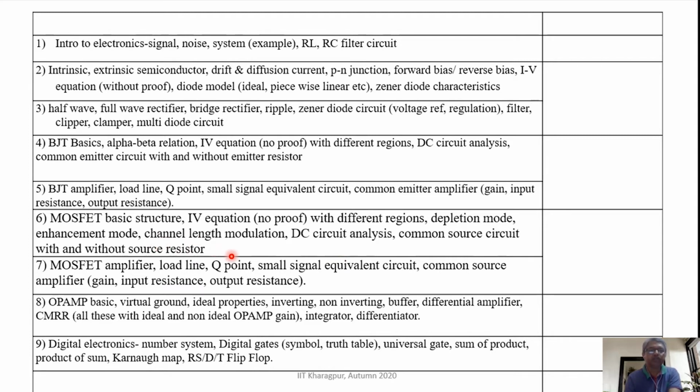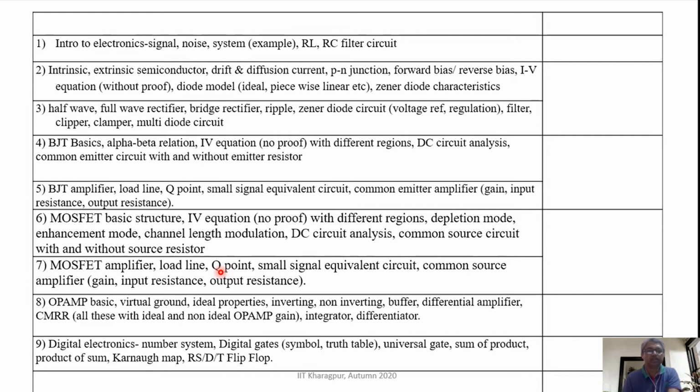Then, as we have done in case of BJT, we will move to MOSFET and performance as an amplifier. We will learn about Q point, load line, etc. We will go through small signal equivalent circuit, and then we will see the performance of common source amplifier.